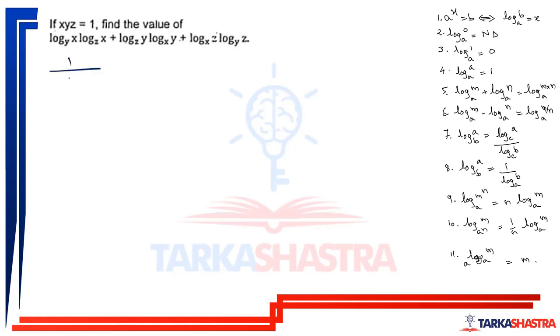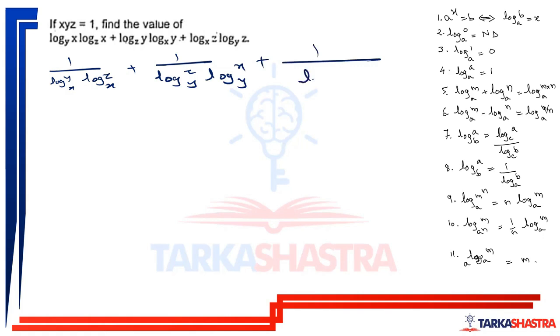Can I write it like this? 1 upon log y to the base x and log z to the base x, plus 1 upon log z to the base y and log x to the base y, and similarly 1 upon log x to the base z into log y to the base z. Now what we have? 1 upon log z to the base x.